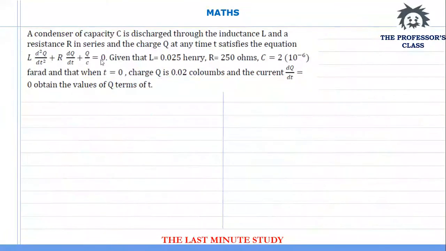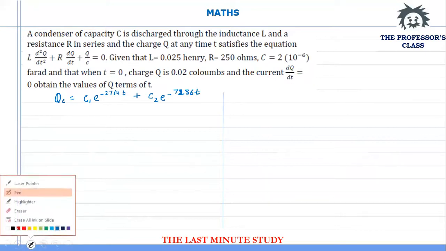Let's do it. So the equation of Q_C that we got was C1 e raised to the power minus 2764t plus C2 e raised to the power minus 7236t. Now over here, the initial condition is given in two parts.